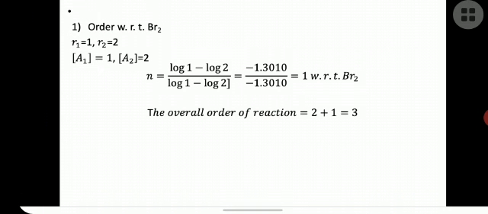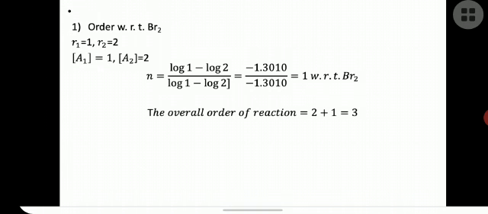When you solve this, we get minus 1.3010 divided by minus 1.3010. It is equal to 1 and it is with respect to Br2.